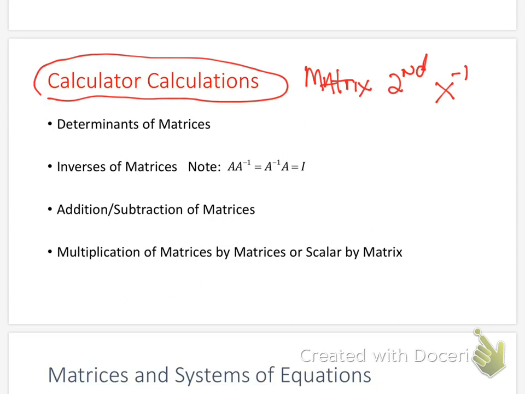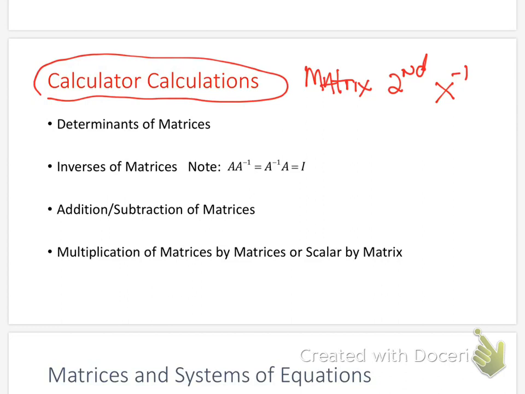So if you say second, x to the negative 1, you see names, math, edit across the top, and then you have all kinds of options, A through whatever, for matrices. If I want to make a matrix, I put my cursor across the top and say edit, then press 1 and you can build your matrix that way.